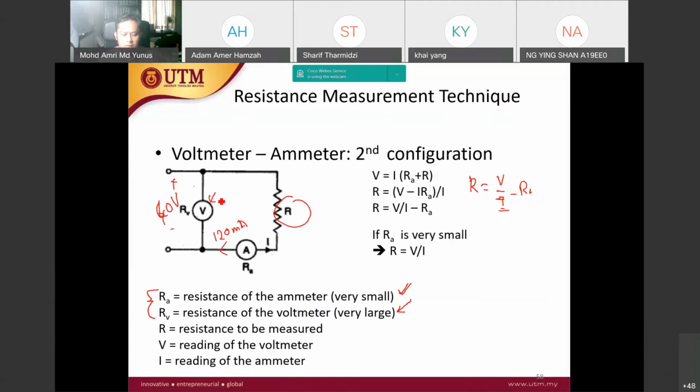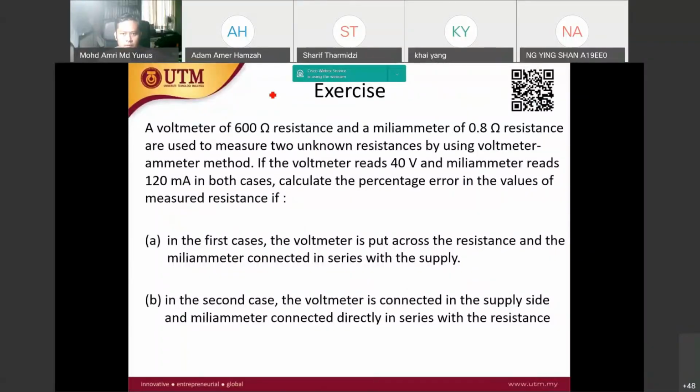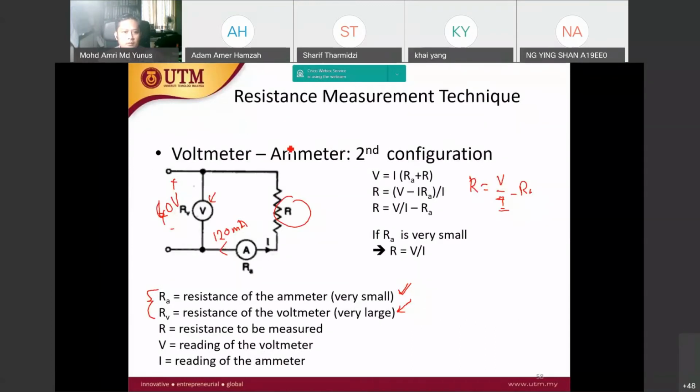Internal resistance of the voltmeter here we assume to be 600 ohm. This one is 0.8 ohm.